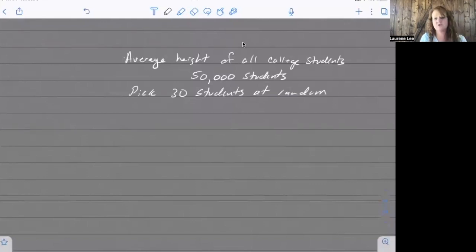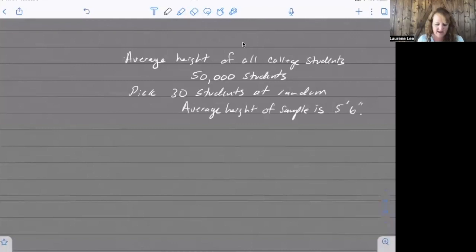And I measure those 30 students, and I find that the average height of my sample is 5 feet 6 inches. Okay. Now I'm just kind of curious of the process.